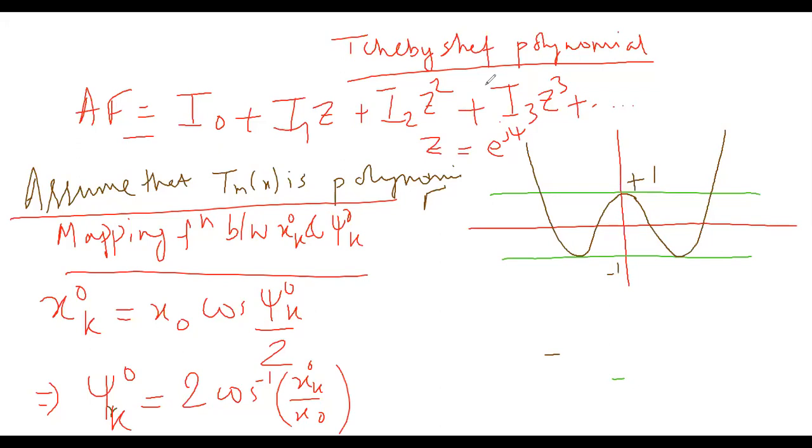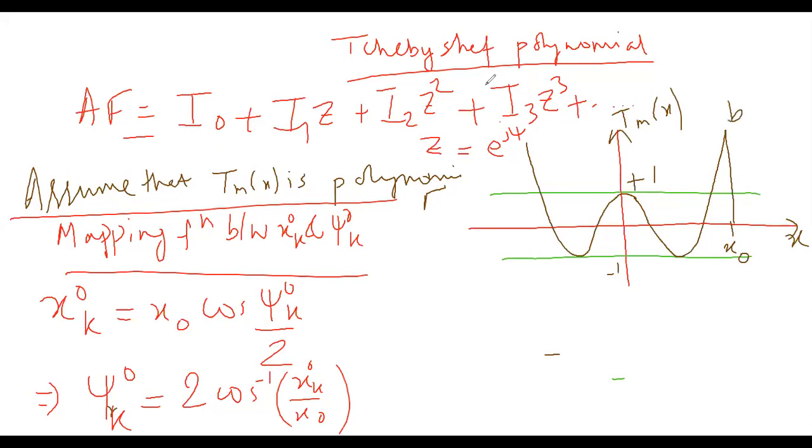Now this is x naught. The horizontal axis is x and the vertical axis is Tm(x). This is x naught, corresponding to which you are getting b.